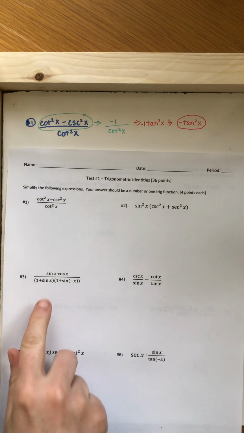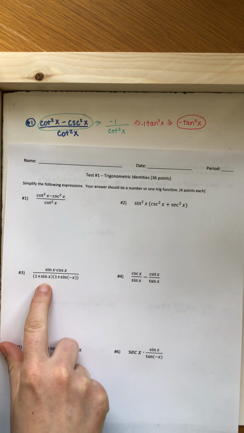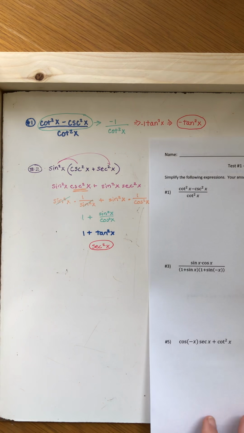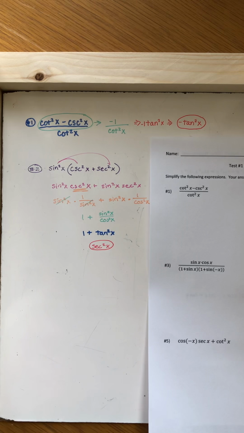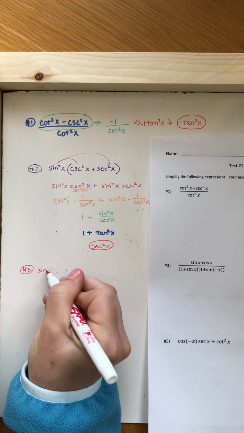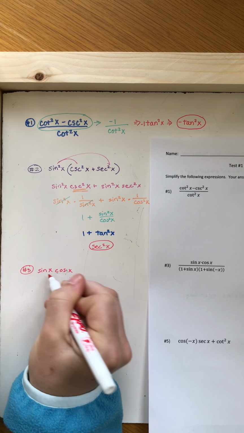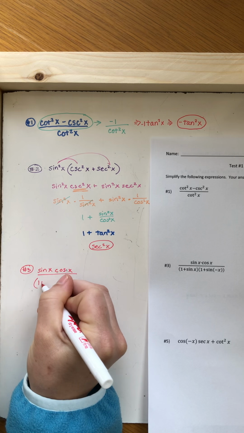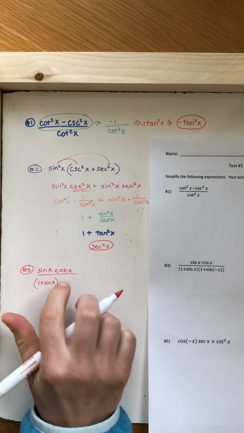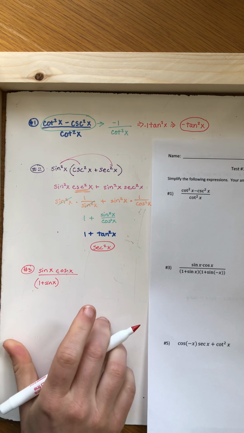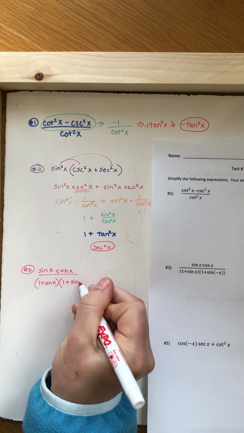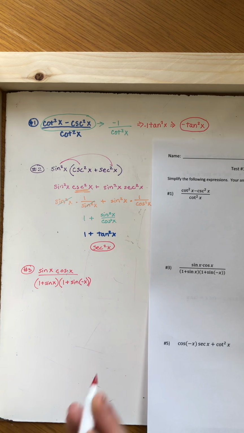Now number 3, we have sine x times cosine x over 1 plus sine x times 1 plus sine of negative x.